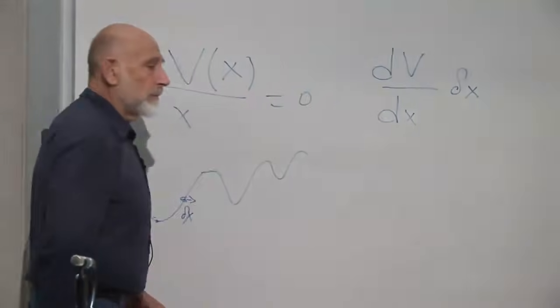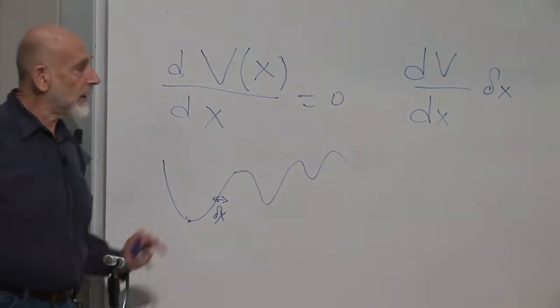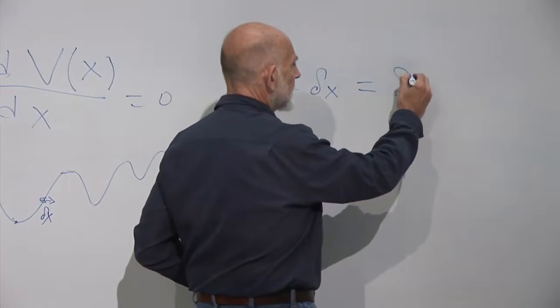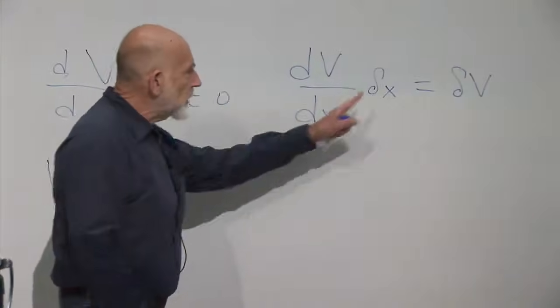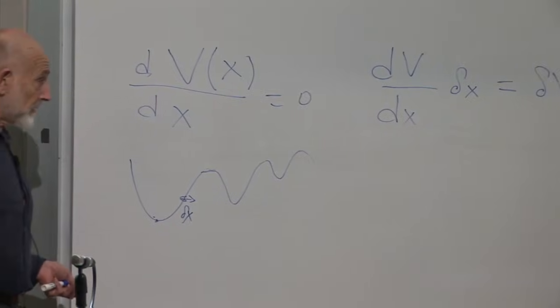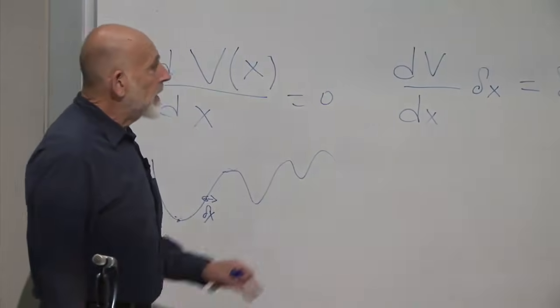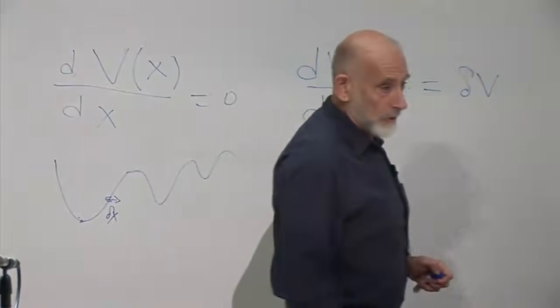The change per unit x times a small change in x, and that we can just call delta V. The change in V when we change x a little bit by an amount delta x. And what is the rule? The rule is you're in equilibrium when delta V is equal to 0.